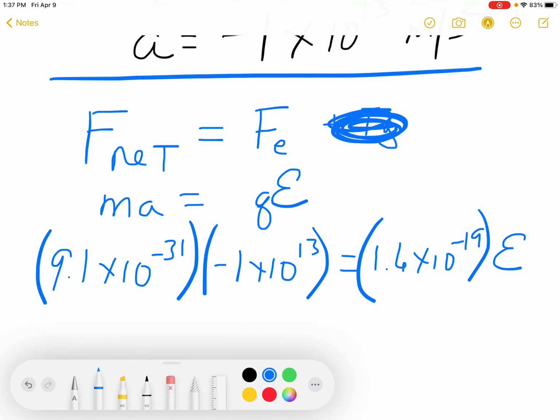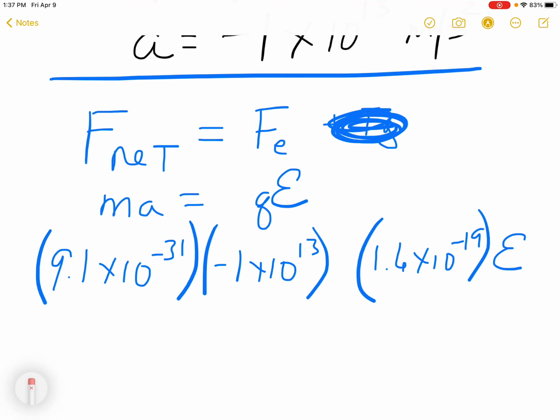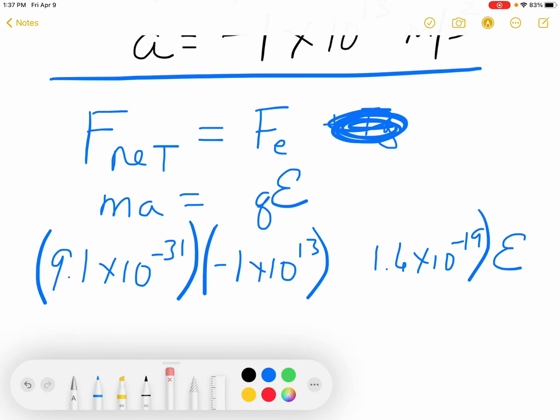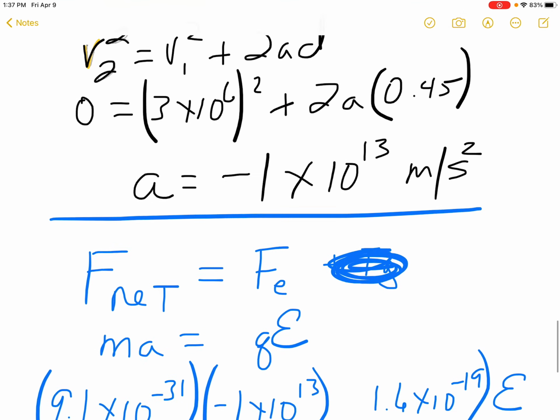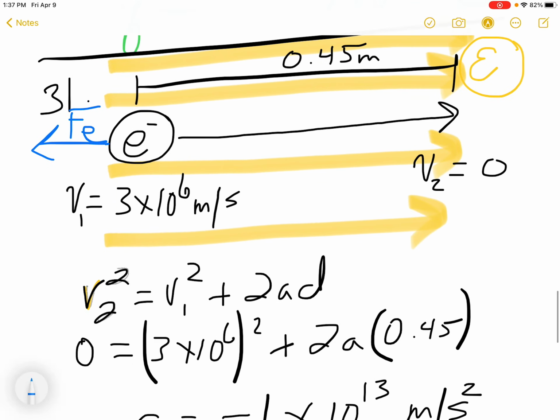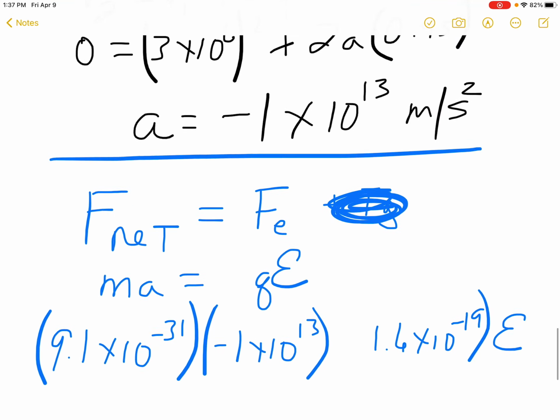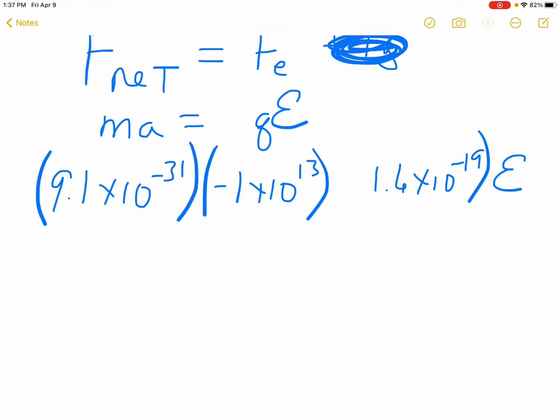Now, I want to show you something. Look at our picture. I'm going to have to make some space here again. Me and my jumping ahead. Look at our picture up here. We said that that force had to be a lefty-facing force in order to slow this electron down, right? Which means it must be a negative value. So when I put it into my equation, I best put equals a negative number there on this QE to show that it's a lefty force.